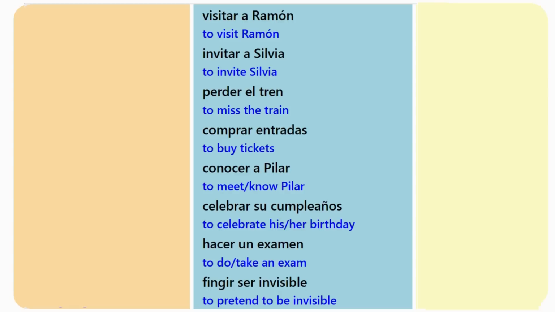And we could see straight away what visible might be. What do you think it would be if it was visible? Visible. And what would it be if we wanted to say to be visible? Ser visible. To be visible.